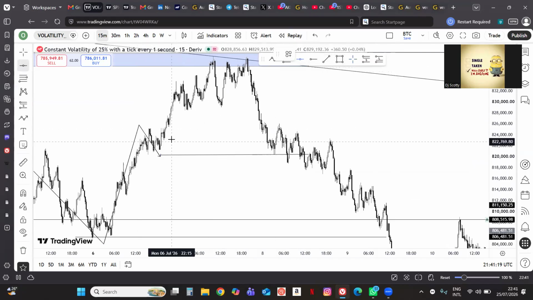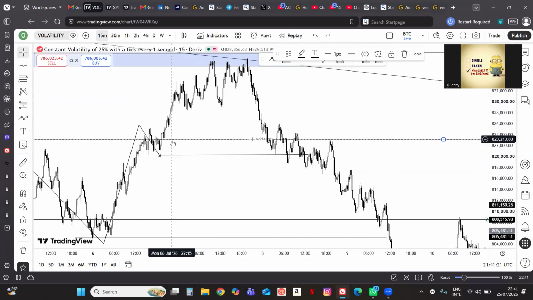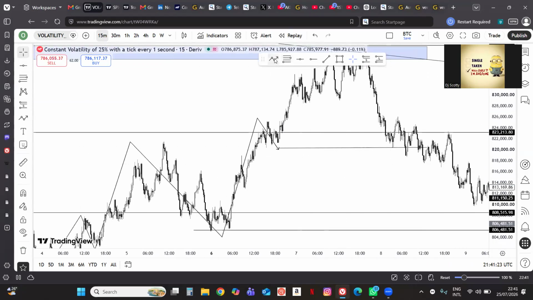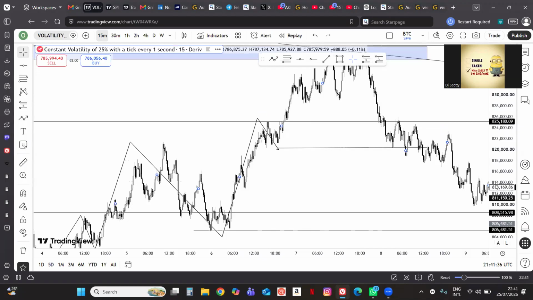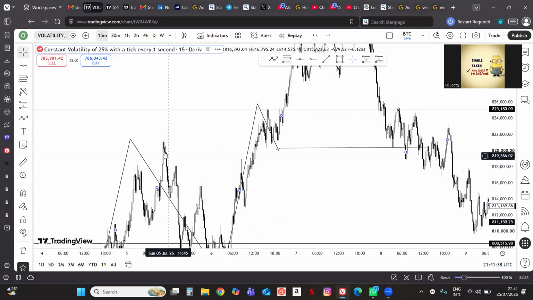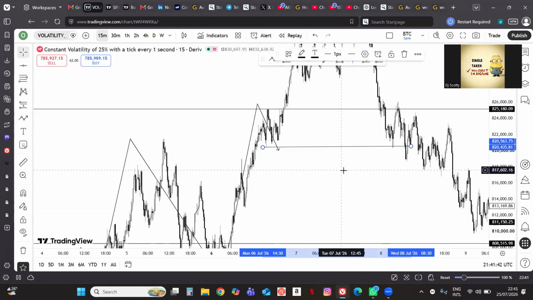This could also represent a break of structure here. This one, because they are connected together. If you look at it closely from here, are they on the same level? I'm not seeing it clearly. Let's put a line there. So they are literally on the same level. So we can't use it. So this is where we have our break of structure here. This is our break of structure.